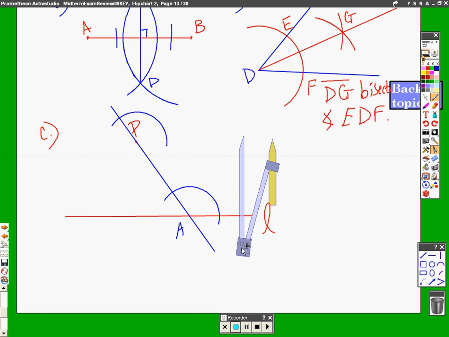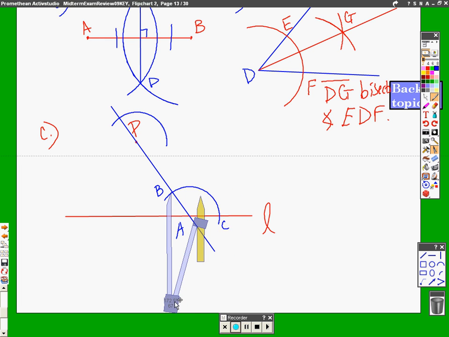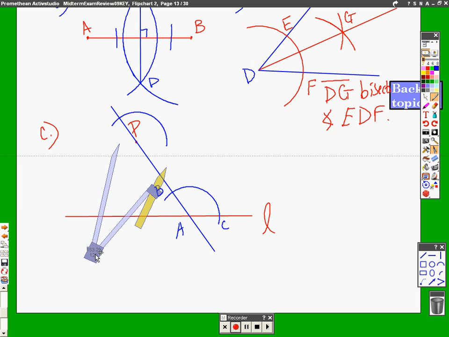Down below, your arc intersected both the transversal and the line. So I'm going to label these points B and C. And I'm going to measure the distance from B to C with my compass. Okay. Now I'm going to go up to where our arc intersected the transversal.